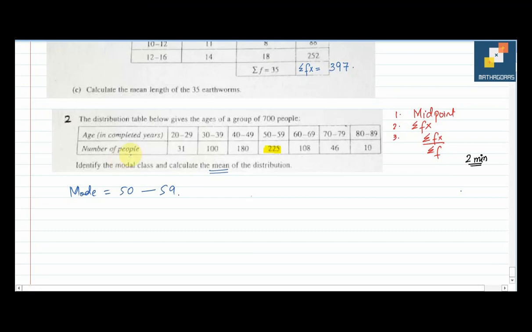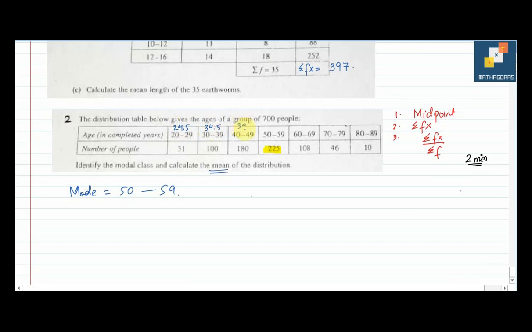Alright, so firstly, to find the middle value, simply add these two numbers, 20 plus 29, and divide by 2. So the mid value is 24.5. Simply 30 plus 39 divided by 2, it's 34.5.